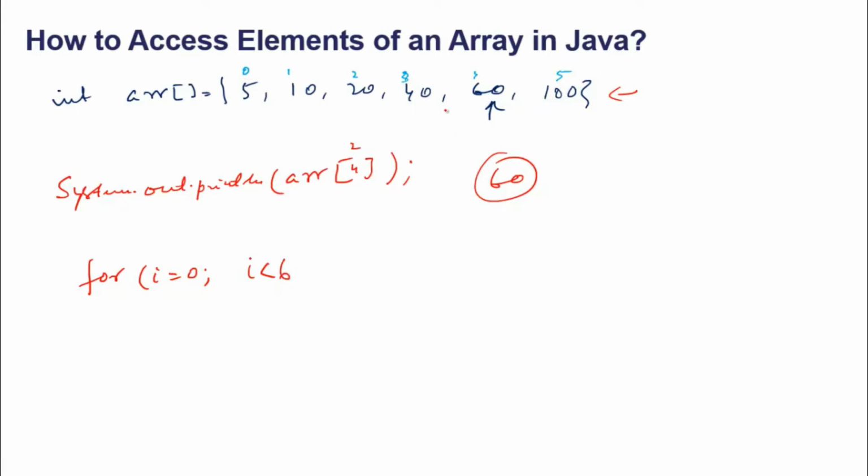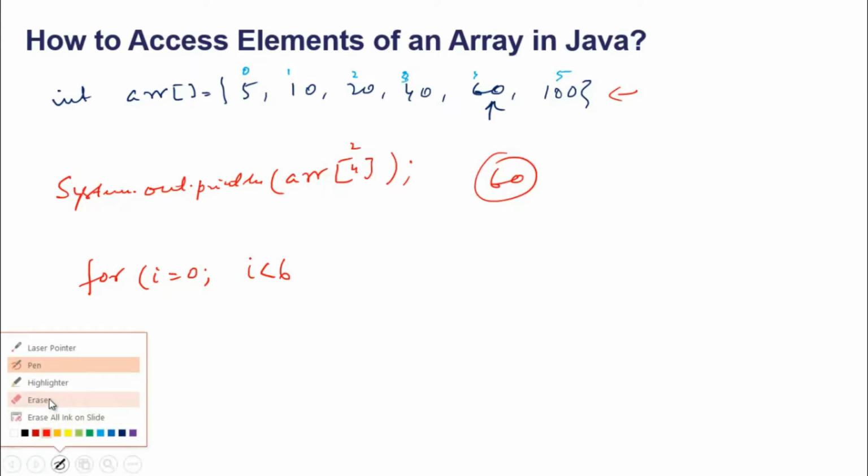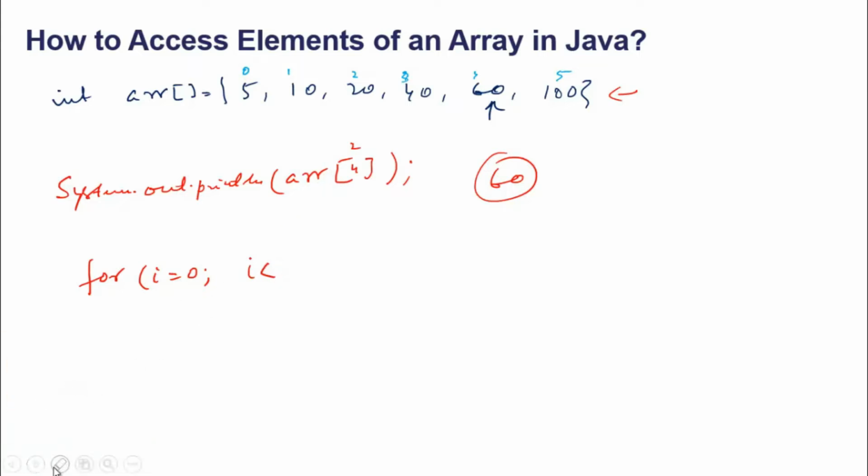If there is a lot of data in that array and you don't want to count it, you can either put 6 directly here, or put the array name, arr.length. This will calculate the total array length.